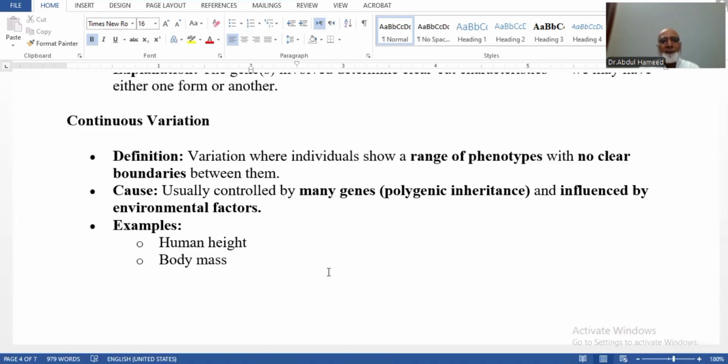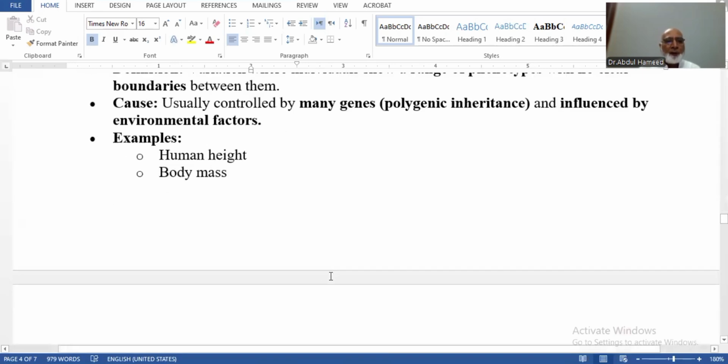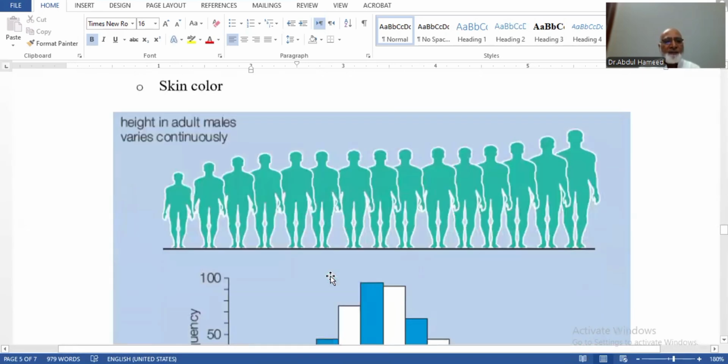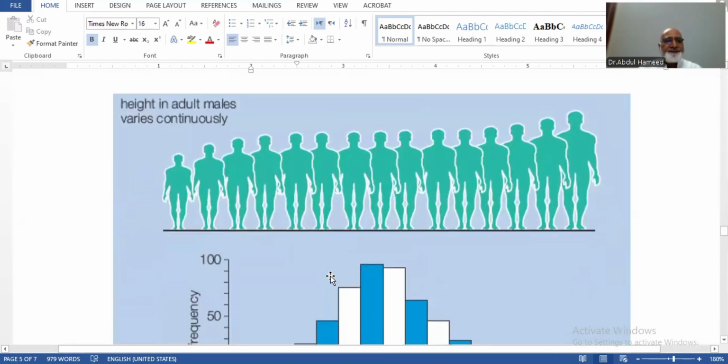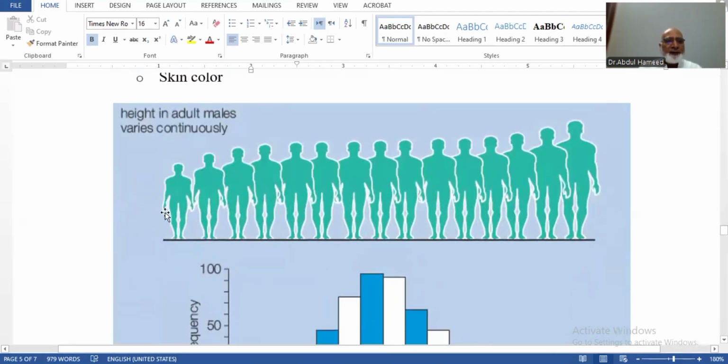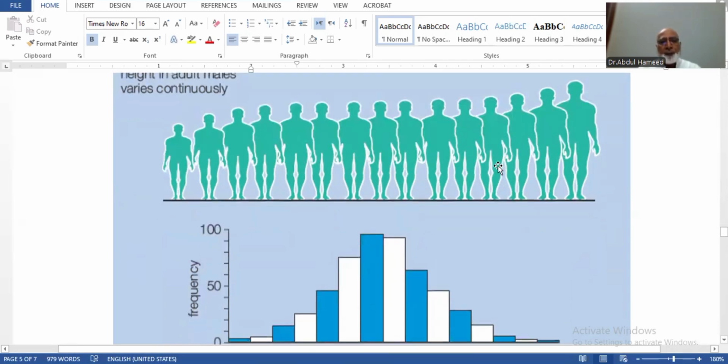Usually controlled by many genes, polygenic inheritance, and influenced by environmental factors. For example, human height, body mass, skin color. In this case, we can easily observe that there is a gradual change. For example, if we consider this extreme as short and this one as tall, there are variations among the individuals within the population.